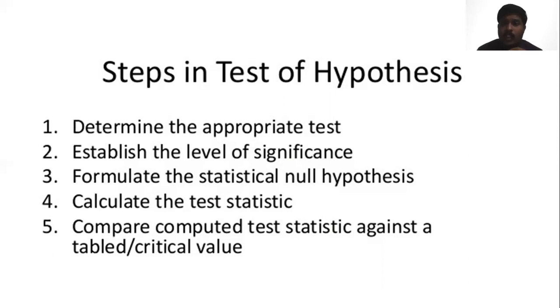For all the hypothesis tests, there is a fixed value table given to you. You have to calculate a particular value with the given data, and you have to compare it with the table value. Then only we can know how the hypothesis is working, or whether we have to take the hypothesis into consideration or not.